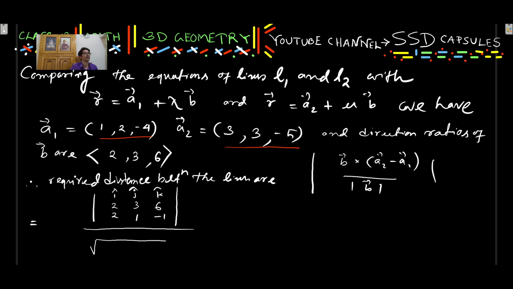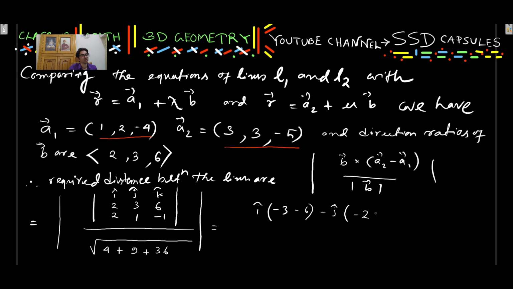What is the magnitude of B vector? 2 square 4, 3 square 9, 6 square 36, take the whole square root. So the determinant gives i cap times minus 3 minus 6, minus j cap times minus 2 minus 12, plus k cap times 2 minus 6, divided by the magnitude, which is 36 plus 4 plus 9, 49, so 7.